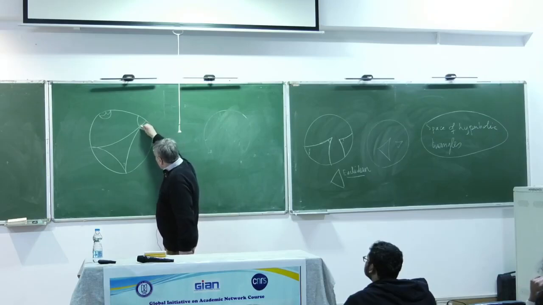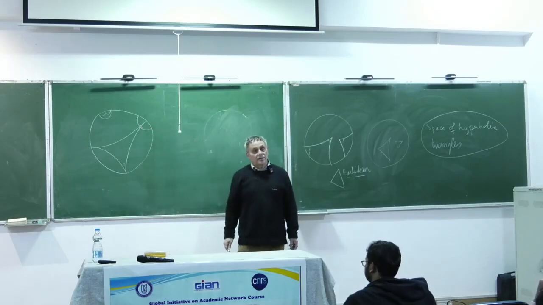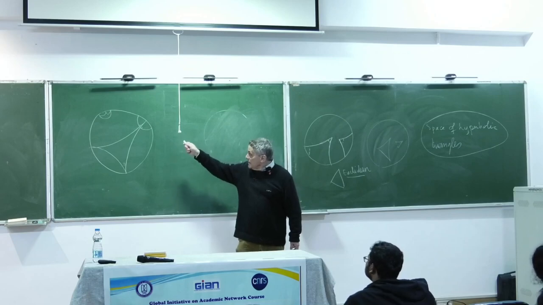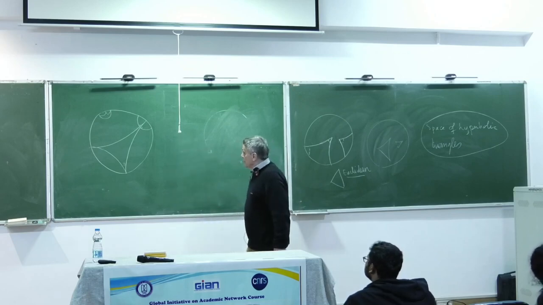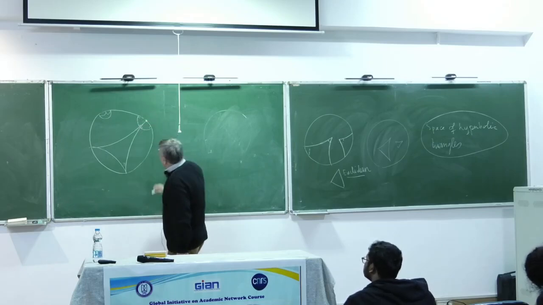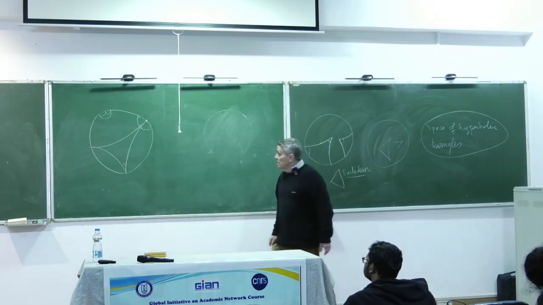I can cut them by a geodesic which is perpendicular to it, right? You remember the geodesics are the pieces of circles which are perpendicular to the boundary. So if I take the circle symmetric with respect to this point, then it will be perpendicular to these sides. Okay, so I can do this.